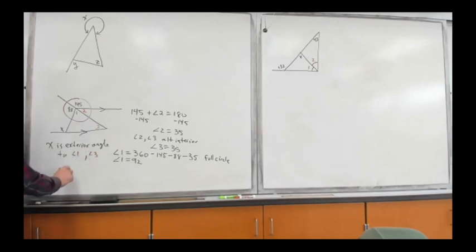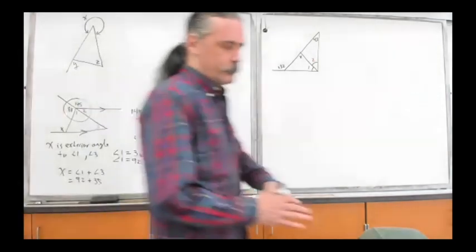Okay, so then x equals the sum of angle 1 and angle 3, which means 92 plus 35. Okay, and we'll look at the third problem in a moment.